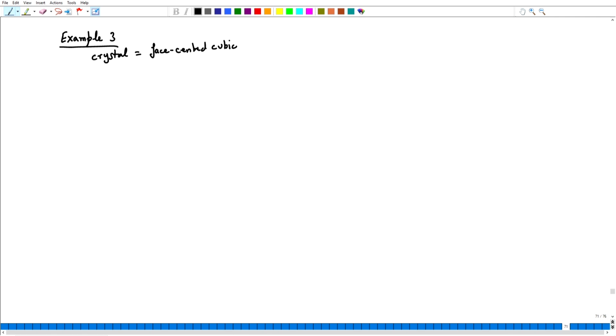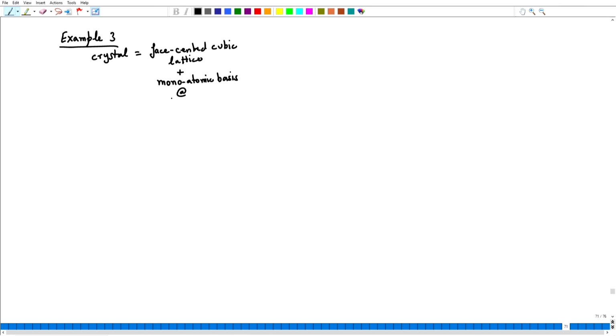A face centered cubic lattice. Now, if I look at the Bravais lattices, which are the face centered cubic lattices? I can have it in the case of orthorhombic or I can have it in the case of cubic. And here again we have a monoatomic basis again.